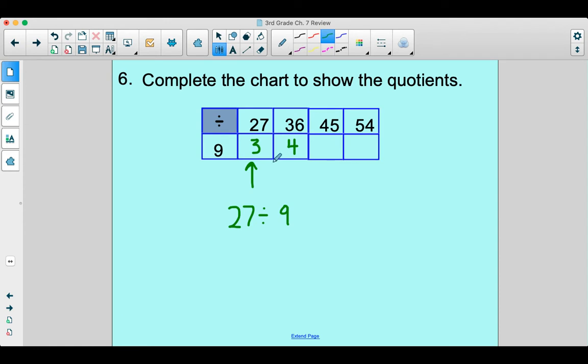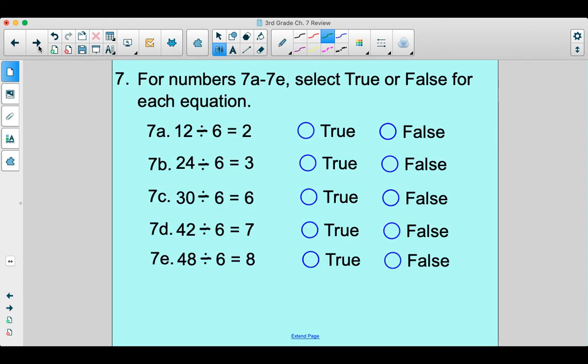All right, so we're going to increase again by one more group of 9. 3, 4, 5, and 6. Now we can even make sure that we agree with this. So this would be 54 divided by 9 equals 6. Do you agree with that? All righty, I do.